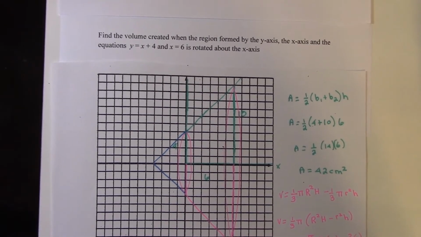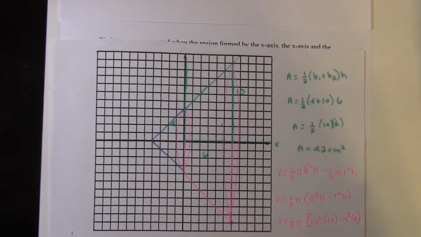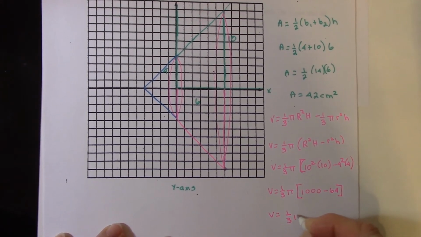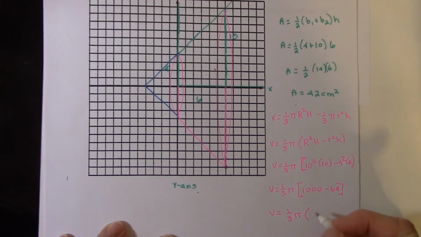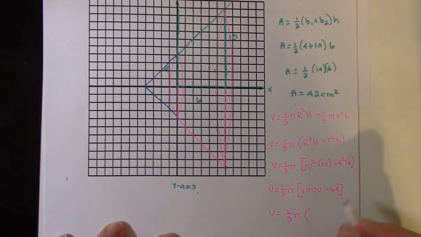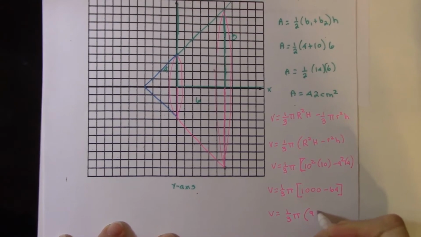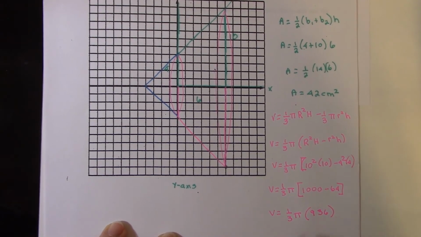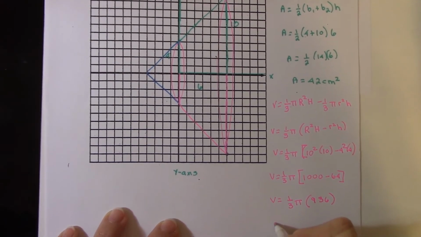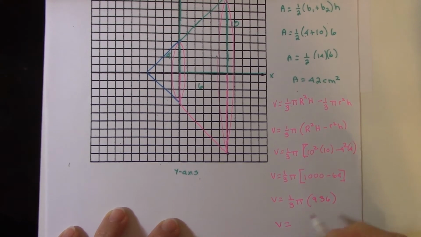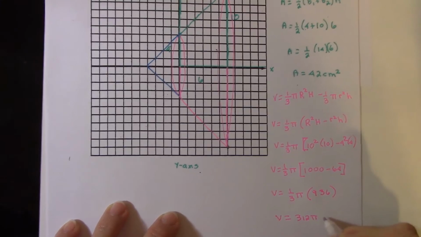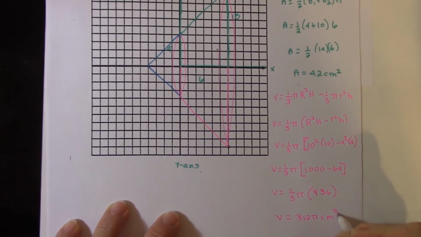So my volume is 1/3 pi times 936. Divide that by 3, and my volume is 312 pi centimeters cubed.